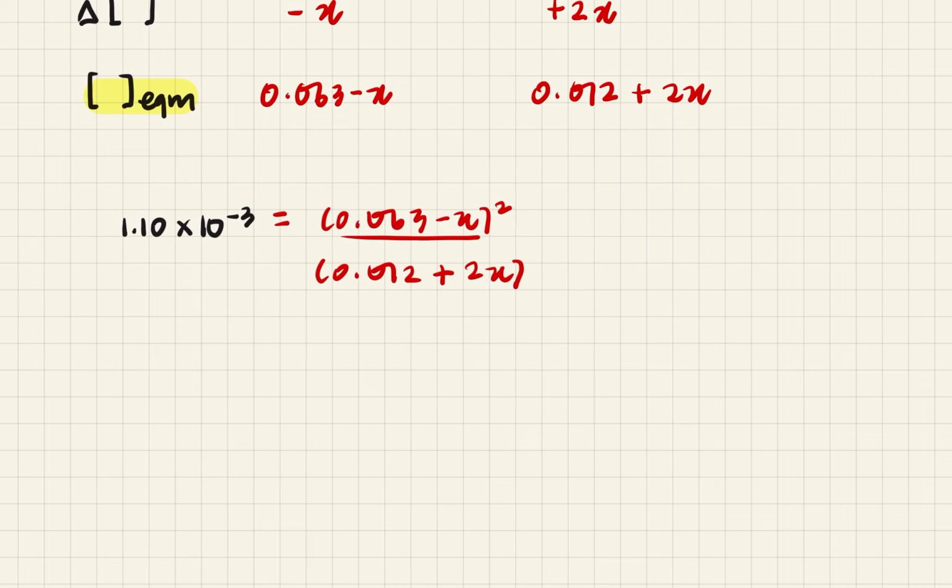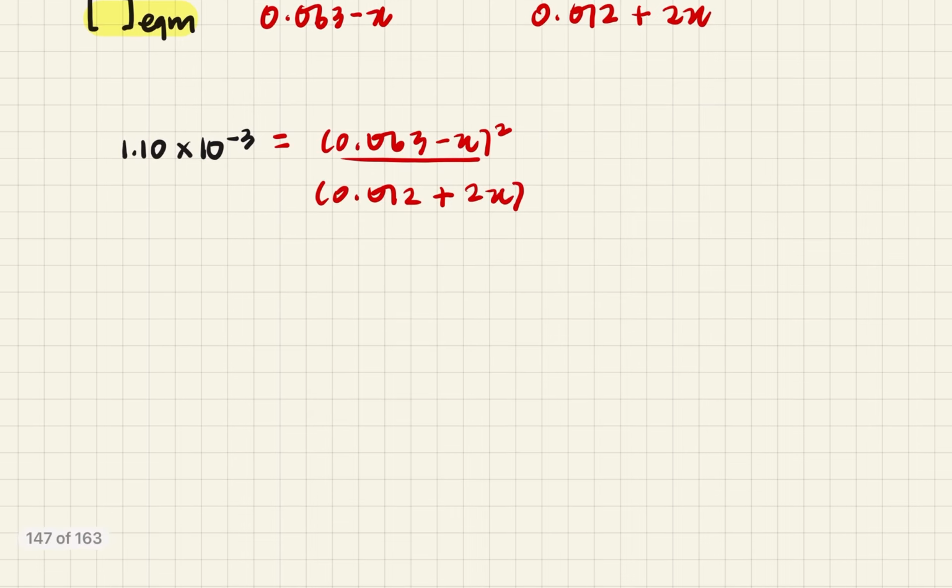You are going to expand this, and then group the terms: the x squared terms, the x terms, and the constant, which has no x. So what you will get is 4x squared plus 0.049x plus 7.47 times 10 to the power of negative 5 equals 0.